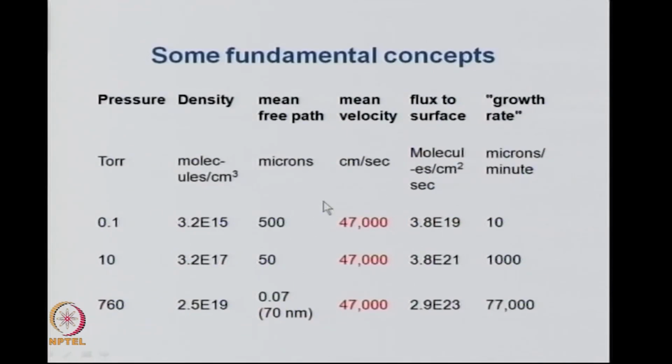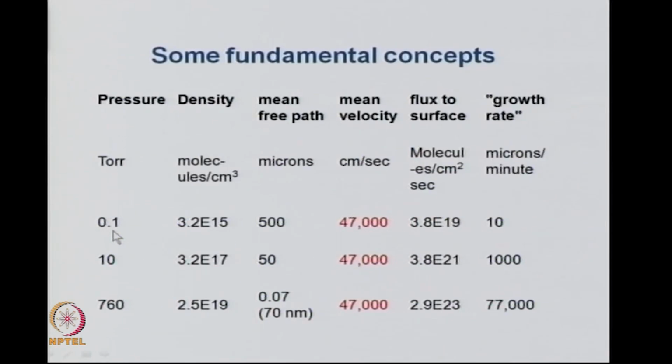Similarly, the mean velocity is kept constant at 47,000 at these pressures, and you can calculate how many molecules will be impinging on a surface under these different pressures.